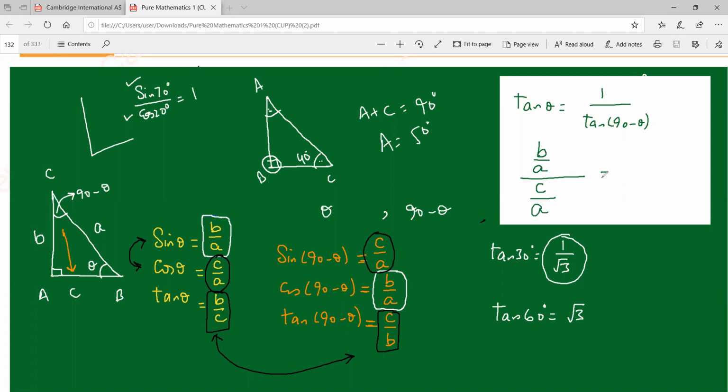Can I say this is B over C? Yes. If I divide B over A by C over A, what is the answer? B over C.